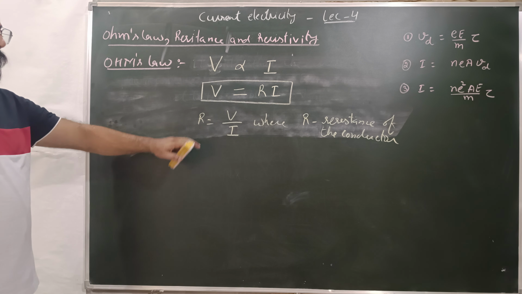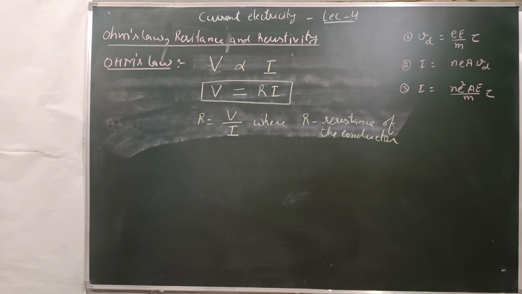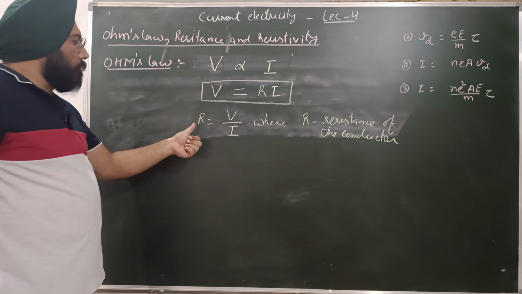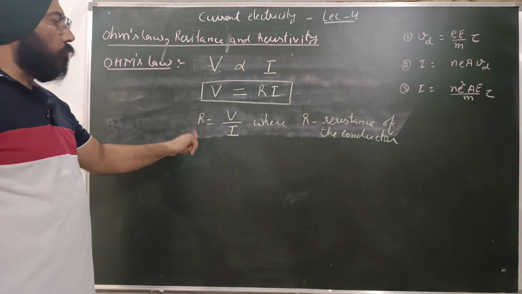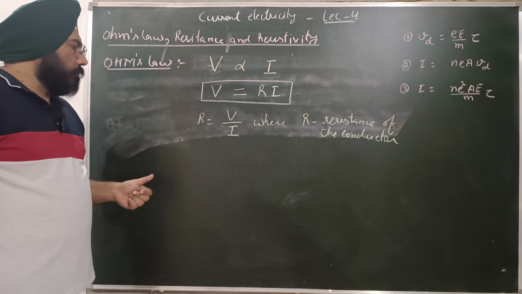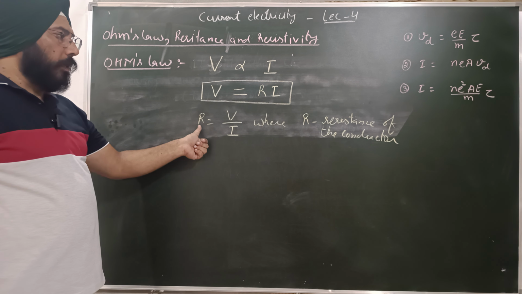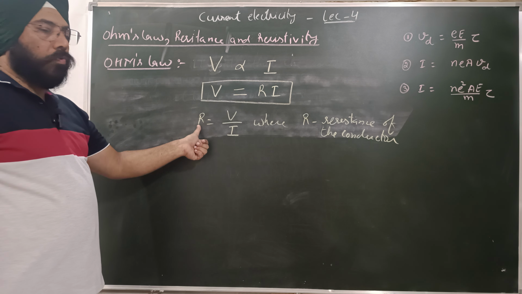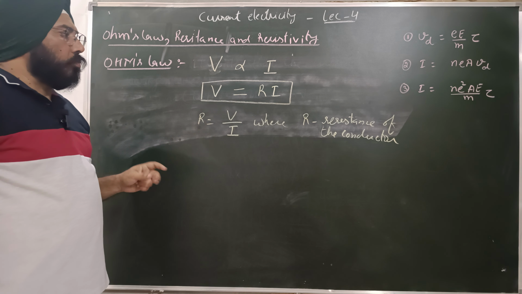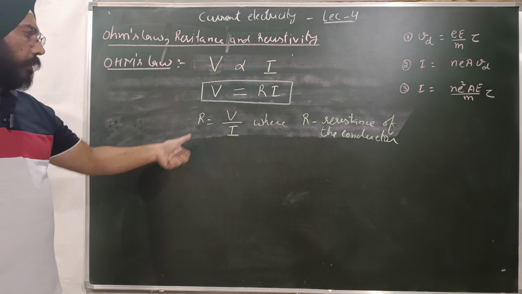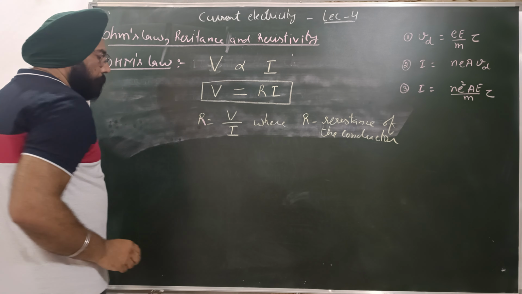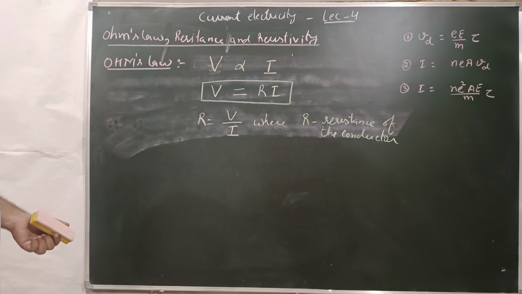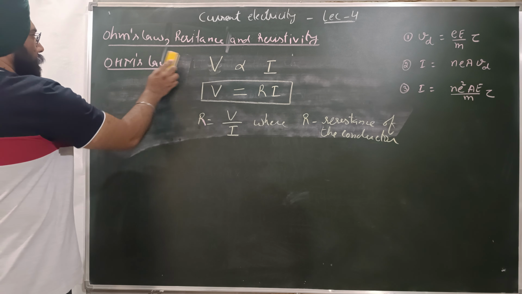Now we have to define what is the resistance. So resistance, we already know, is the obstruction offered to the flow of current through a conductor. So this is the obstruction offered by the conductor to the flow of current. Any conductor does not want the current to flow, so it will try to resist. So that is called R. Now our topic is resistance.